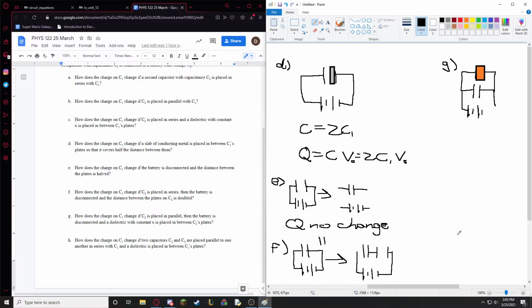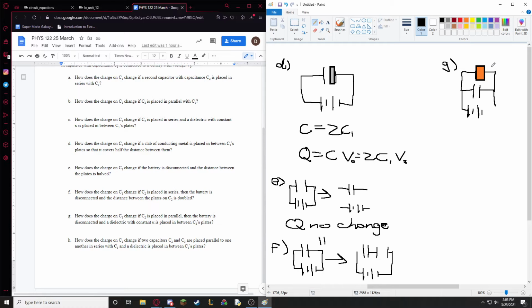And now the second step, we disconnect our battery. So then we just have our two capacitors parallel to one another, and that's the entire circuit. And then we place a dielectric with constant kappa between C2's plates.